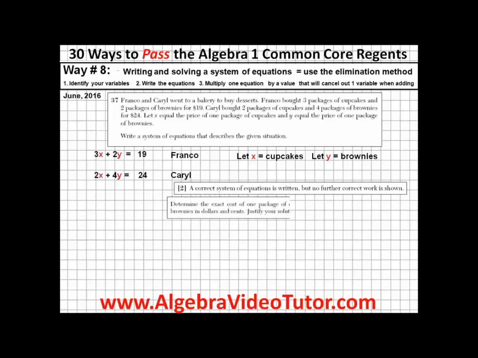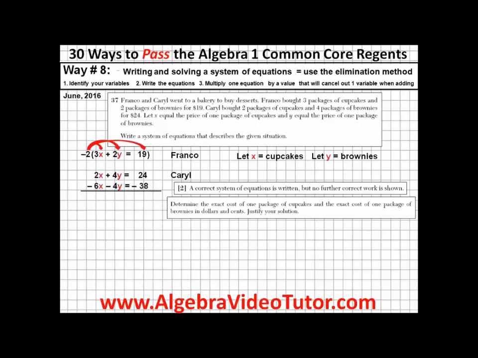Then it asks you to determine the exact cost of 1 package of cupcakes and the exact cost of 1 package of brownies in dollars and cents and justify your solution. So ready? Here's what it said. So we did step 1, we did step 2, and now for step 3, you want to multiply one equation by a value that will cancel out one variable when adding the equations together.